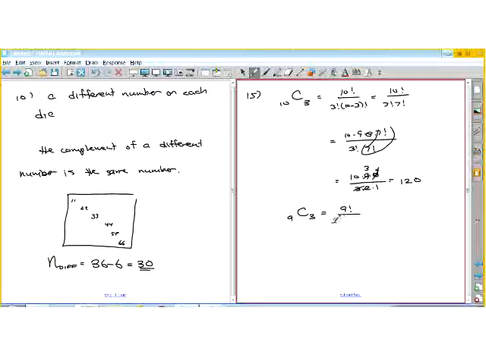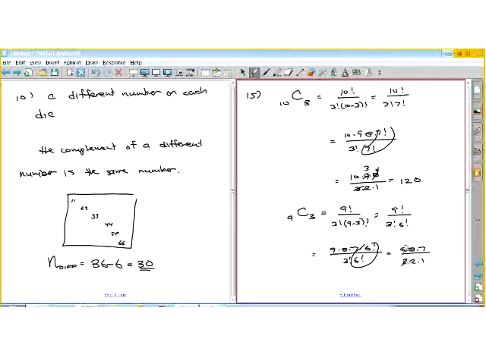So you get 9 factorial over 3 factorial times (9 minus 3) factorial, which is 9 factorial over 3 factorial times 6 factorial. We rewrite 9 factorial as 9 times 8 times 7 times 6 factorial. So the denominator stays the same. Replace that with 1. Get 9 times 8 times 7 over 3 factorial, which is 3 times 2 times 1.